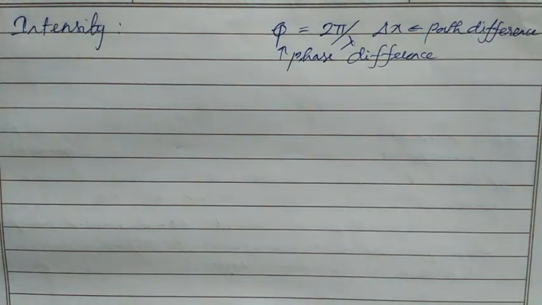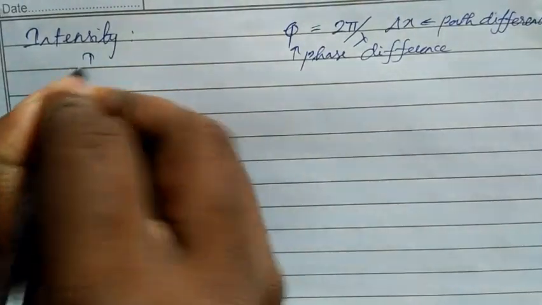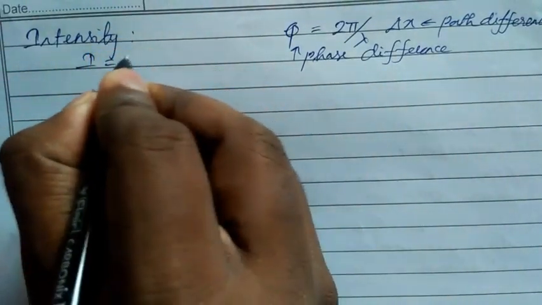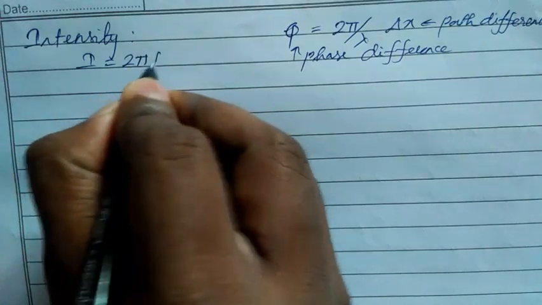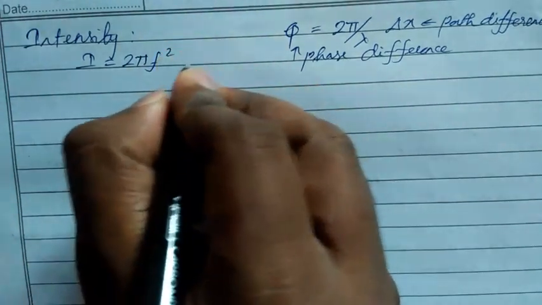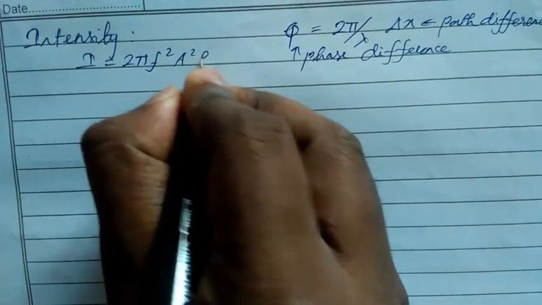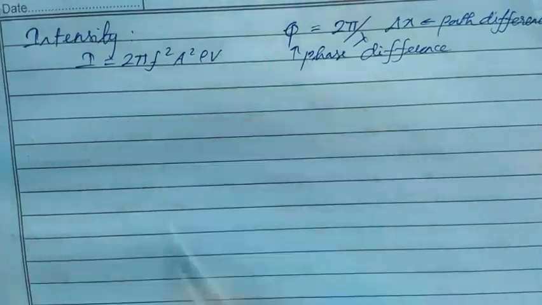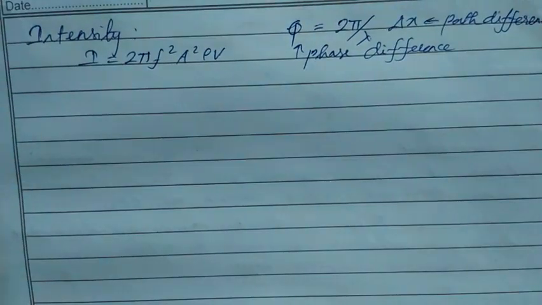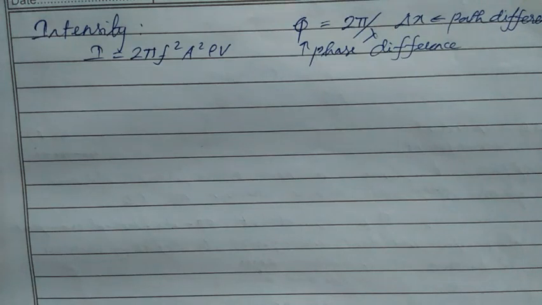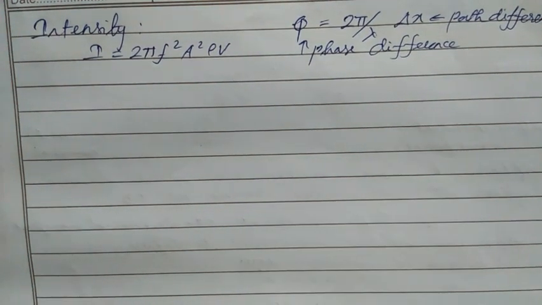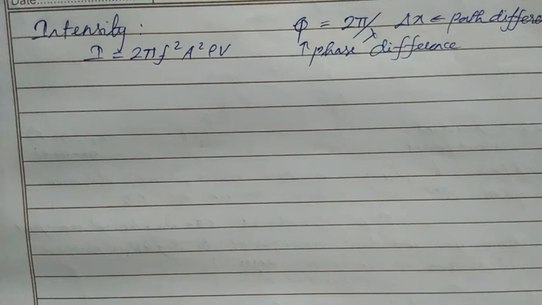We have a formula for intensity, that is I equal to 2 pi f square a square rho v. This is the formula for intensity, which depends on frequency, amplitude, density and velocity.